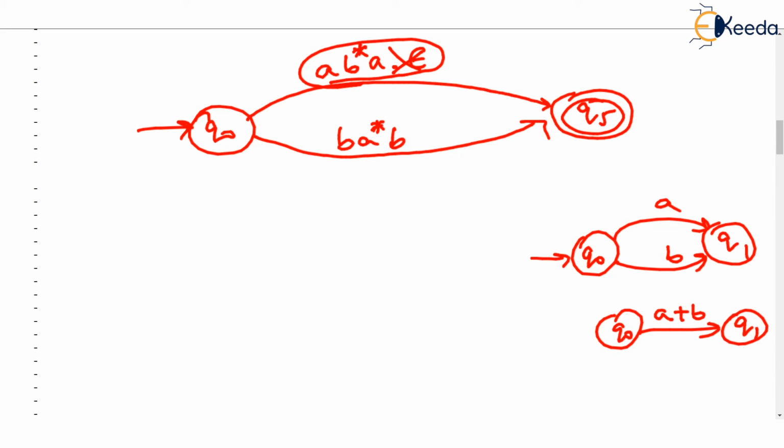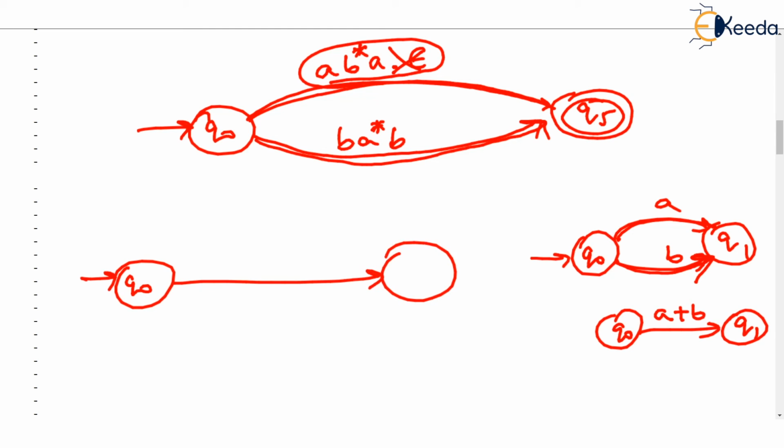That means Q0 on A goes to Q1 or Q0 on B goes to Q1. Similarly, we have got two paths here. So we can do ORing of these two regular expressions. And finally, Q0 will go to Q5, the final state, and the regular expression is A B star A or B A star B. This is our answer.